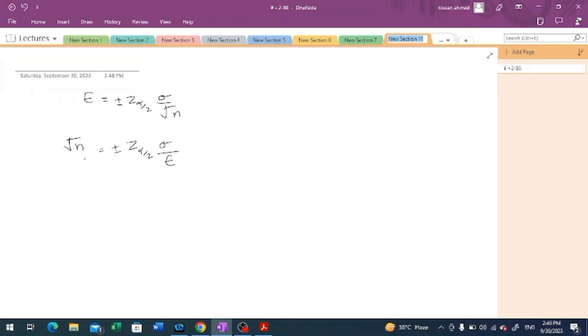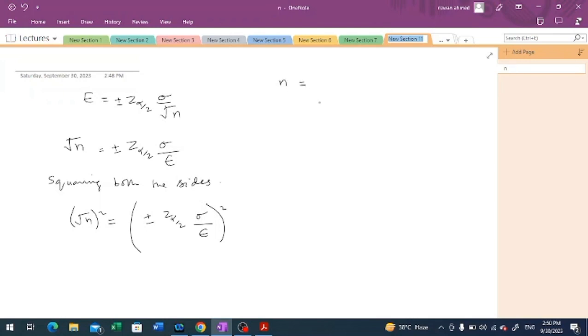Currently, what we are going to determine is in the square root structure, so we have to remove that square root by squaring both sides of the equation. We get the square root of n squared equals plus minus z alpha by 2 times sigma divided by e, whole squared.